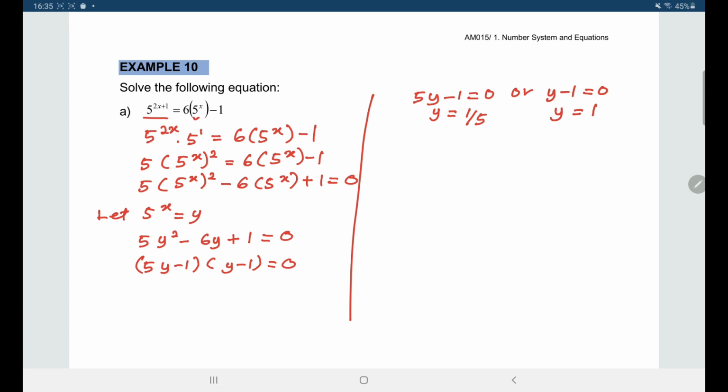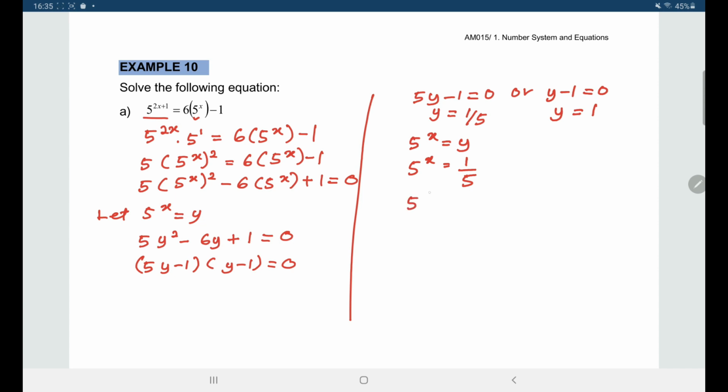Okay, here is not the final answer yet, so we have to find the value of x. So we substitute y equals to 1 over 5 into 5 to the power of x equals to y. So 5 to the power of x equals to 1 over 5.